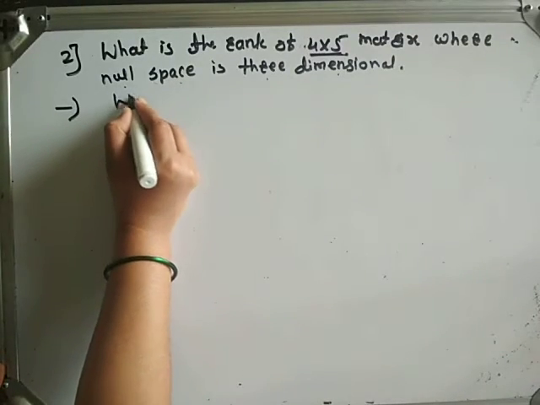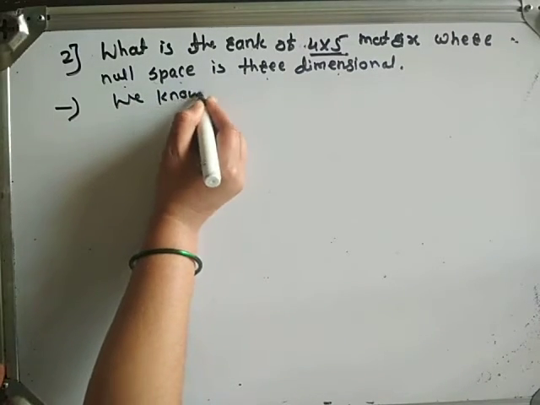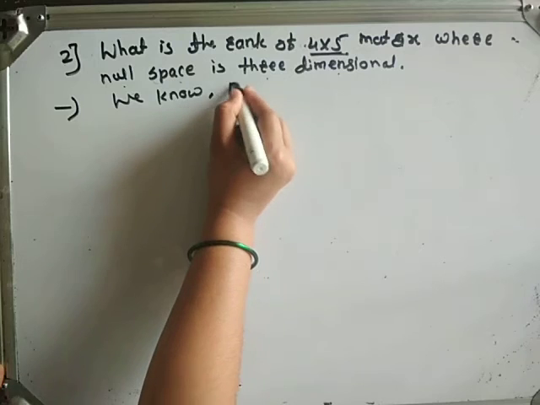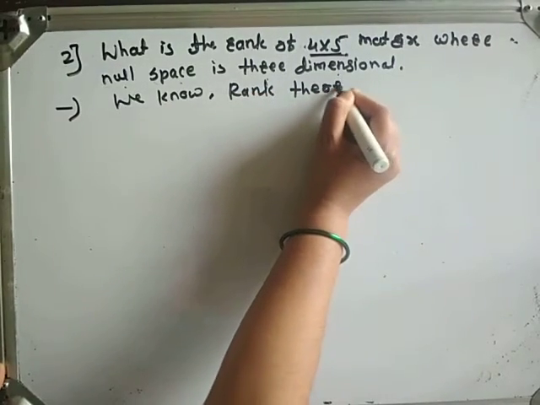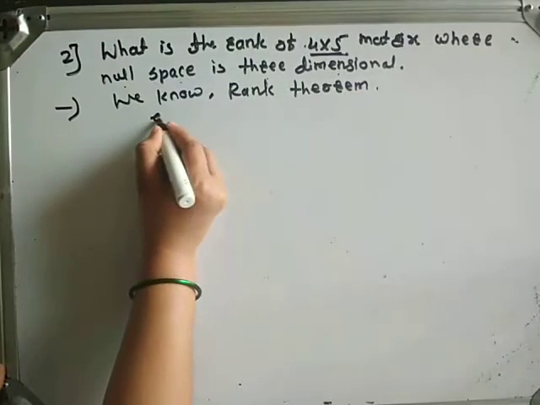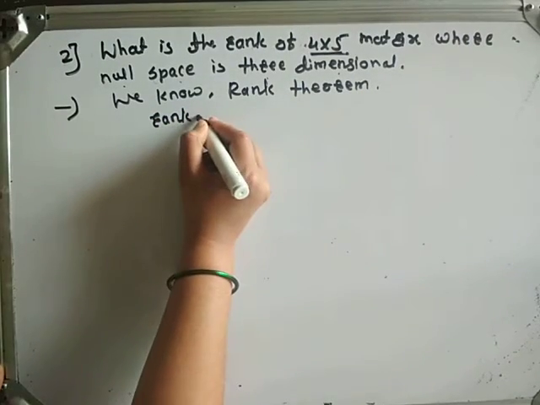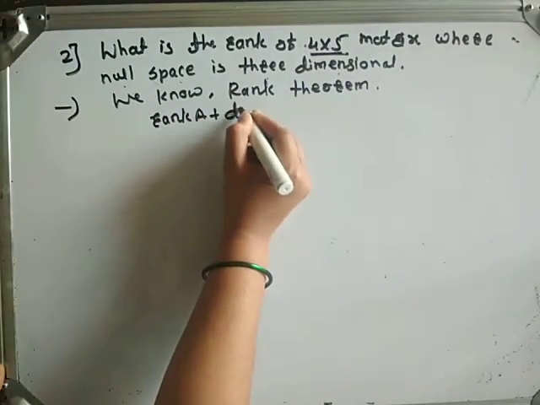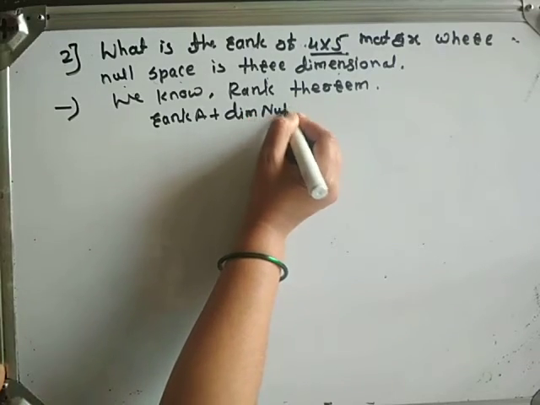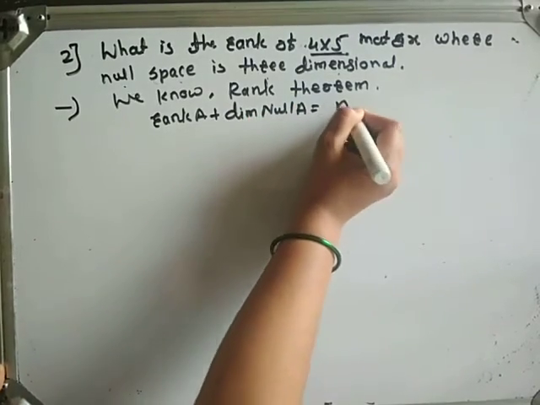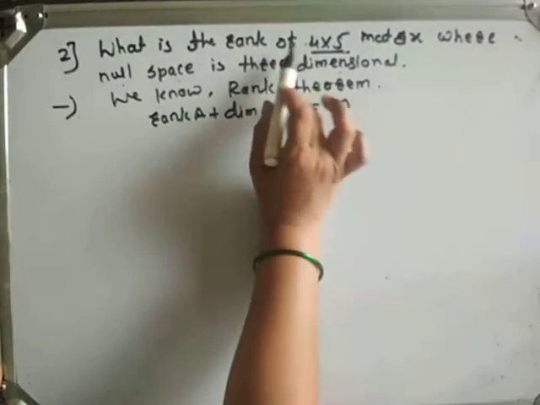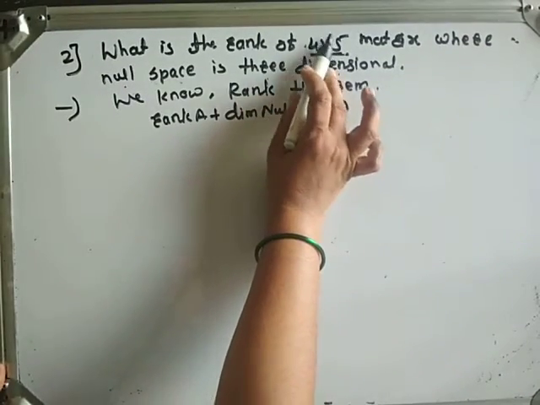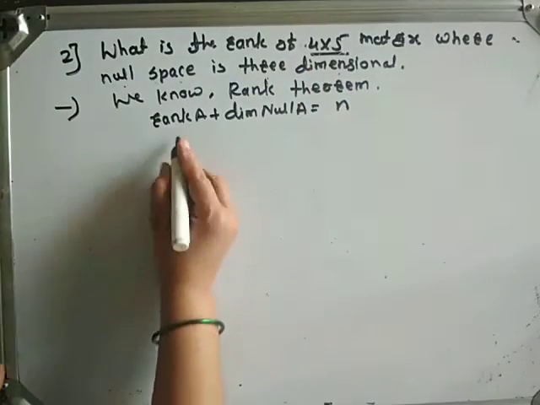Solution, we know rank theorem. Rank theorem is rank of A plus dimension of null space of A is equal to n. N means number of columns. Here we have to calculate rank of this 4 by 5 matrix.